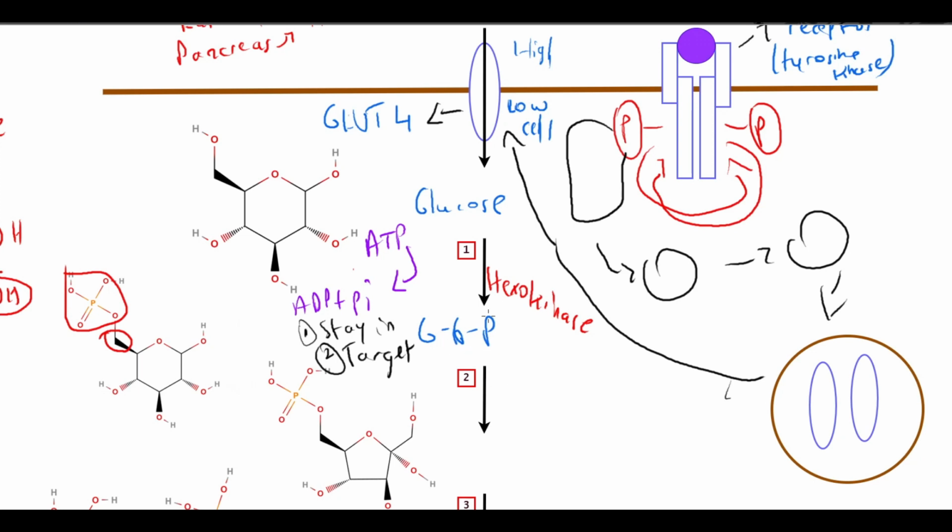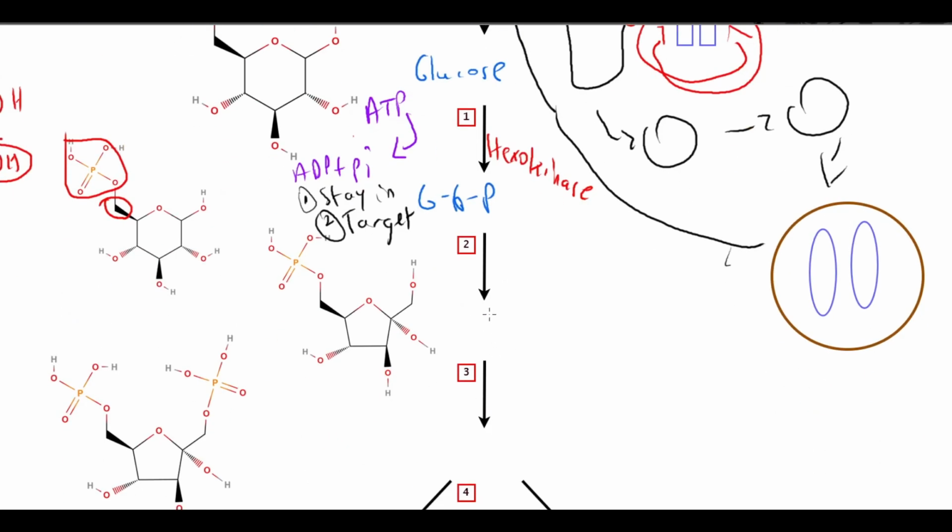But in this case, glucose 6-phosphate actually goes on to become fructose 6-phosphate, an isomer of glucose, and this is catalyzed by the enzyme isomerase because it catalyzes conversion of one isomer into another.